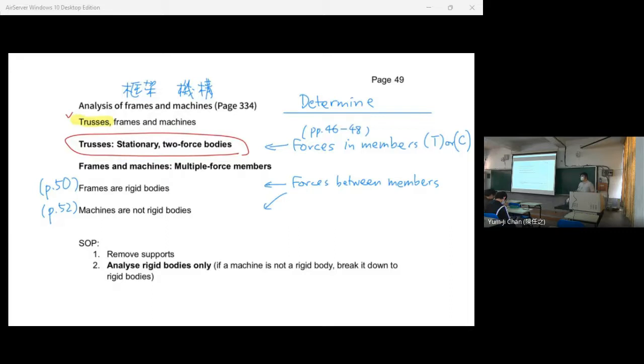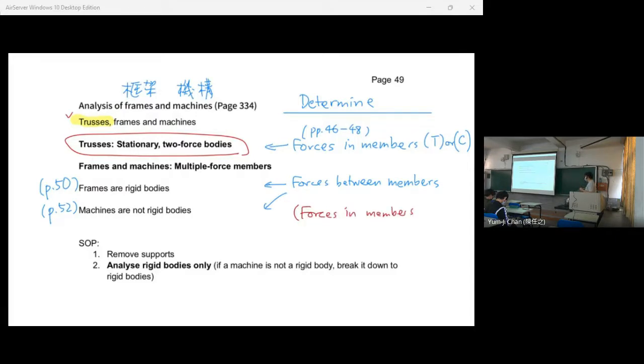And you may ask whether we analyze forces in members in frames and machines. Later we will do this, we will determine forces in members.